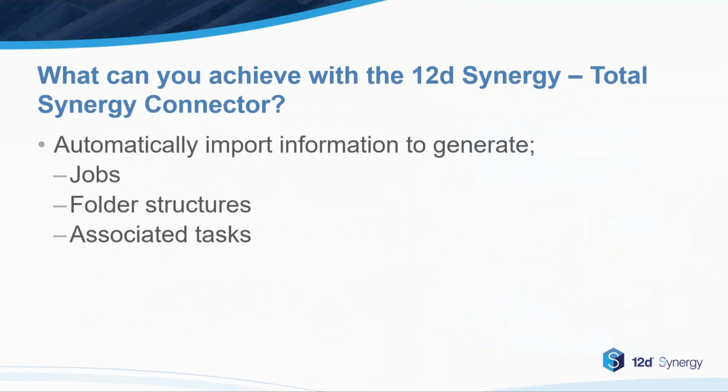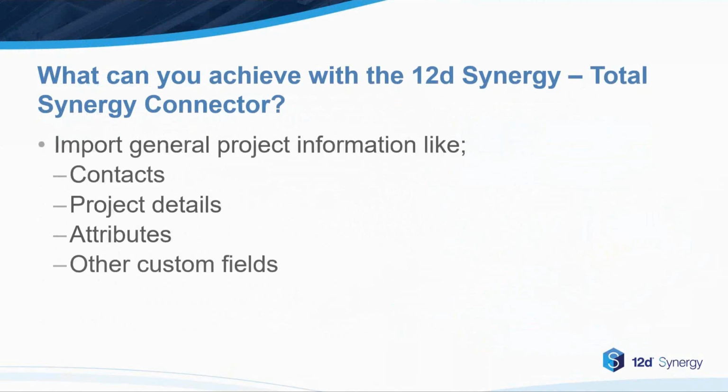You can automatically import information from Total Synergy to generate jobs, folder structures, and associated tasks inside 12D Synergy, and import project contacts from Total Synergy to 12D Synergy. And you can import Total Synergy project information like contacts, project details, attributes, and other custom fields.